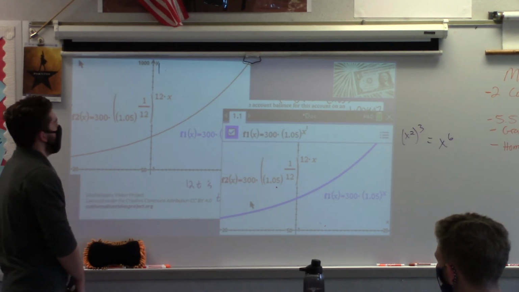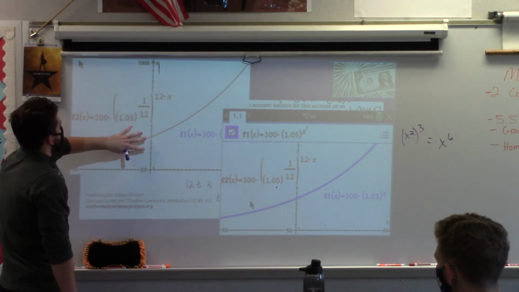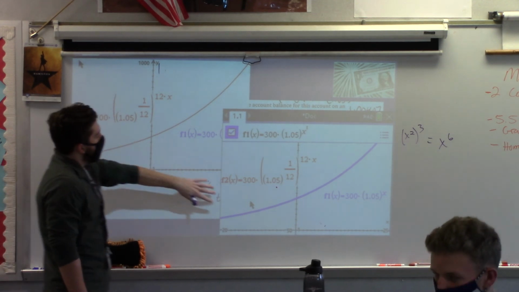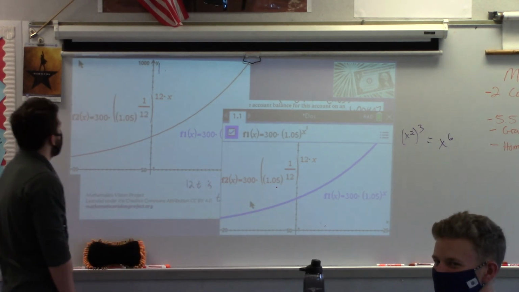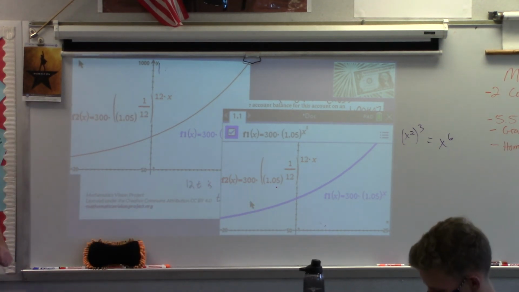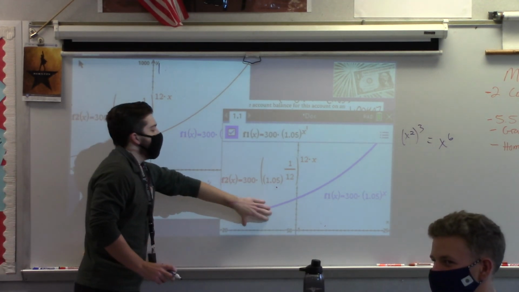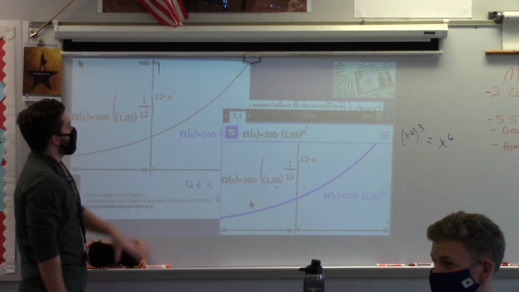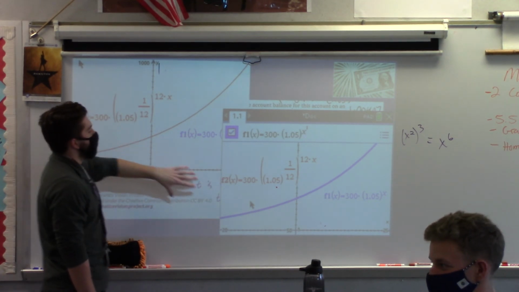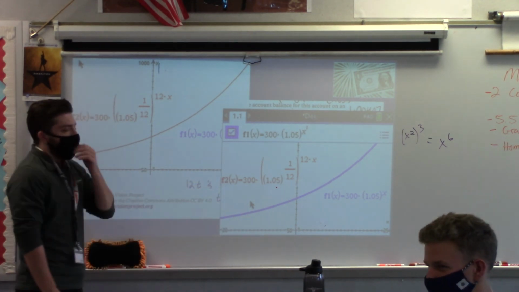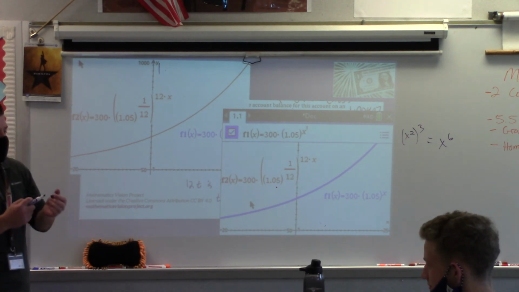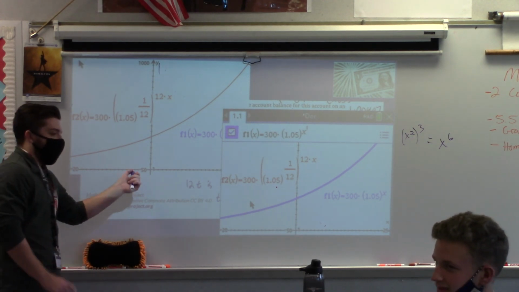That's because this one's more zoomed out. Now it's more zoomed in. They are supposed to be dead on similar. So these are the same. It looked different, but it's just because of the zoom. These would be right on top of each other if you did it on the same graph. So while you could use the power rules to show that they're equivalent, you could also graph it.